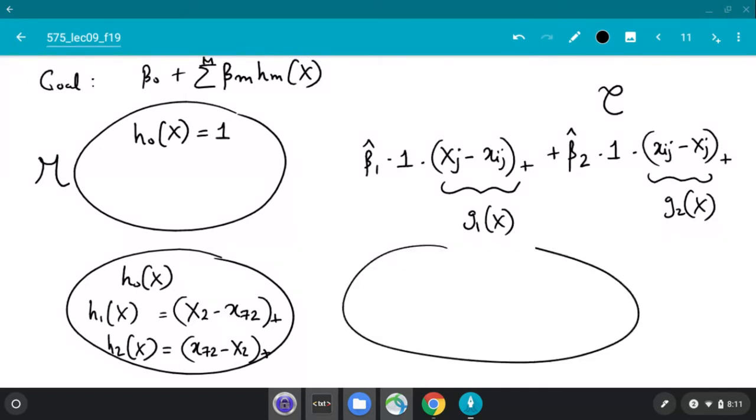So the next choice would be h0, h1, h2, and then h3 could be (x2 minus x72) plus times (x5 minus x25) plus, for example. And similarly, h4 could be times something else. So this is how you would add functions.